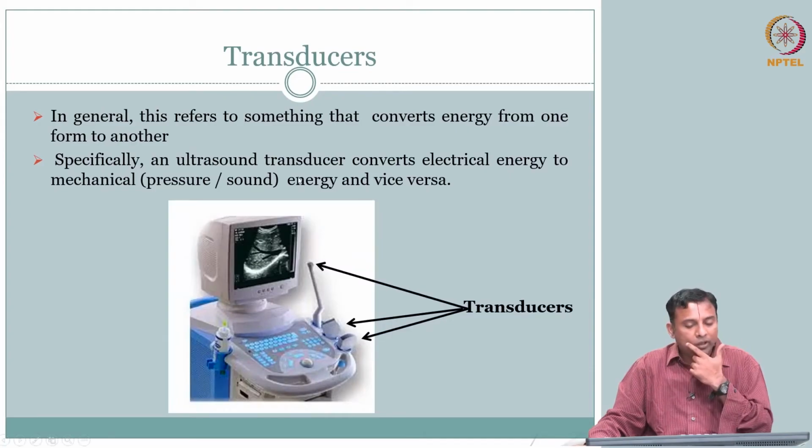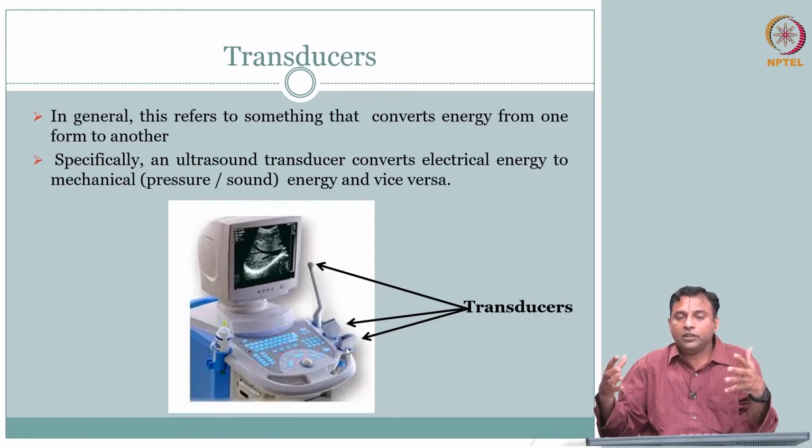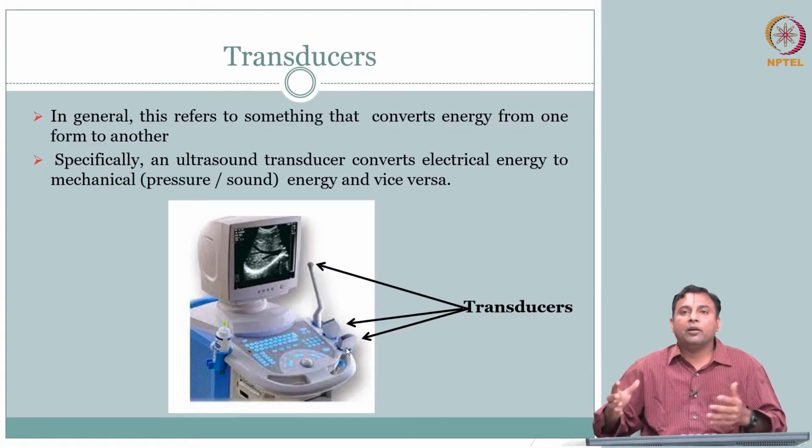Typically this is a scanner look-alike, and you will notice a bunch of different transducers depending on the imaging study. If you want to take an abdomen scan, for example, you want the property of being able to reach deep, which is more important because the abdomen region is bulkier.